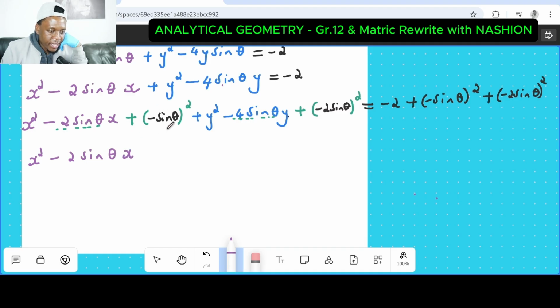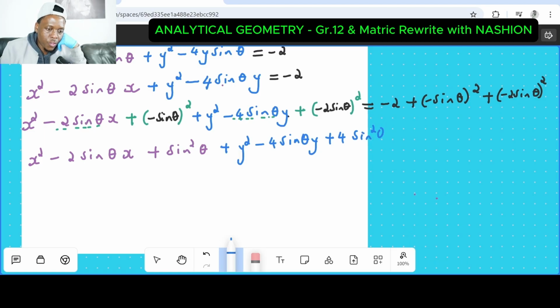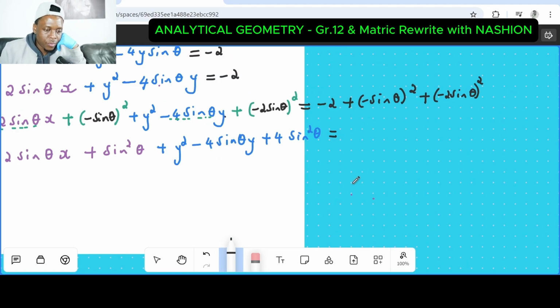Removing the brackets, negative sine theta squared will be positive sine squared theta. The y parts, we have y squared minus 4 sine theta y. Negative 2 sine theta all squared will be positive 4 sine squared theta. On the right hand side, we have positive sine squared theta, positive 4 sine squared theta.